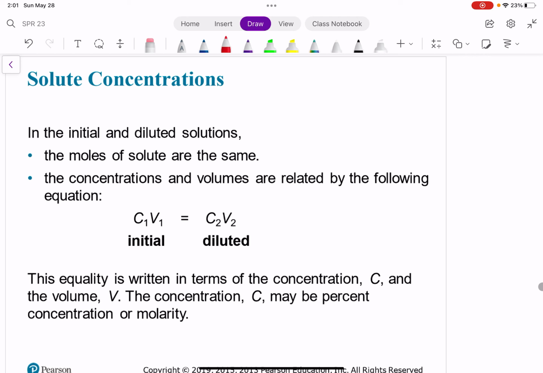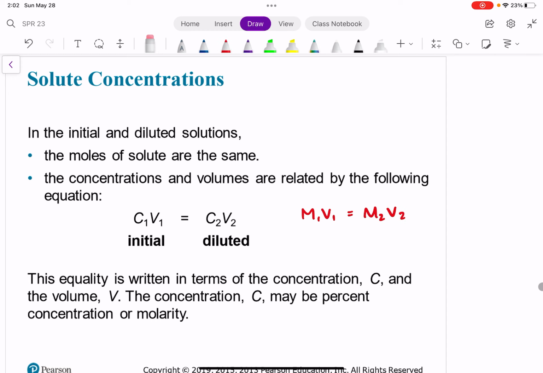All right, so it turns out that the concentrations and volumes of initial and diluted solutions are actually related by this equation here. And I'm actually going to edit this equation and say M1V1 equals M2V2.